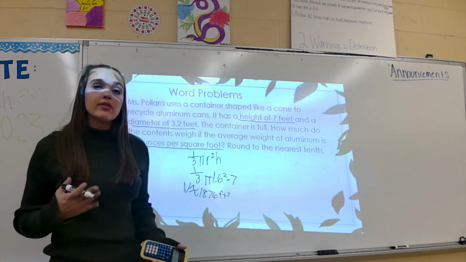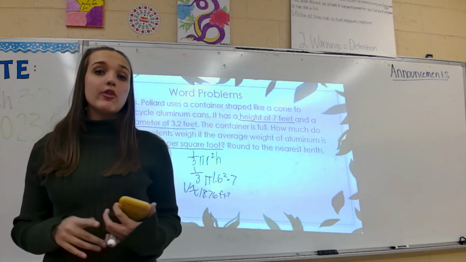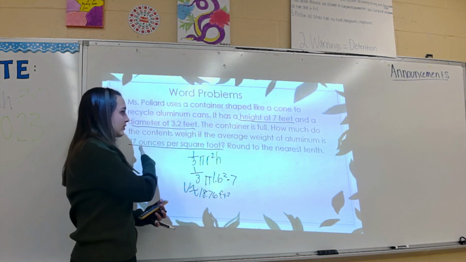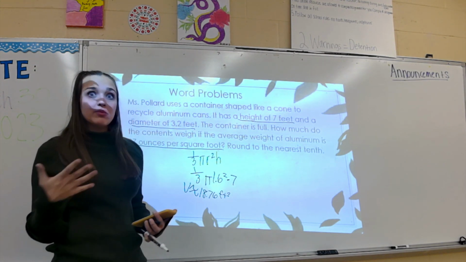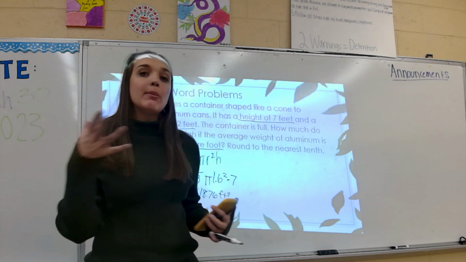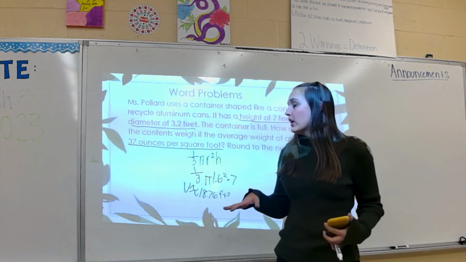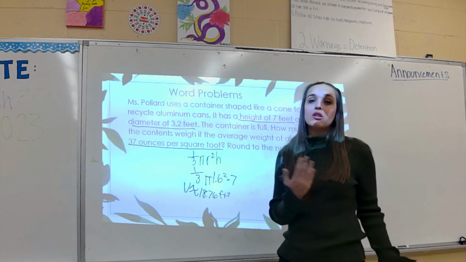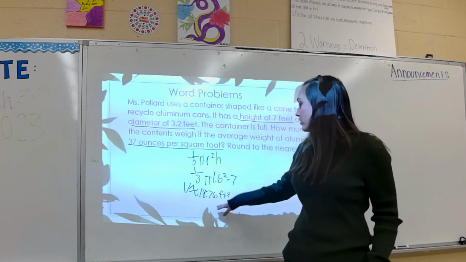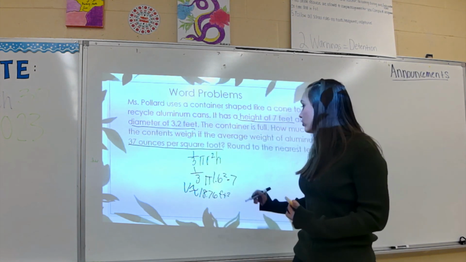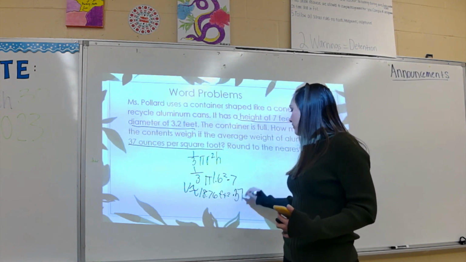But they're not asking for what the volume is. They're asking for how many ounces there are going to be. What's the weight going to be? So I have to take my factor, which is my 37 ounces per cubic foot, and I'm going to multiply that. If I'm trying to convert from feet cubed to ounces, I have to multiply by 37.